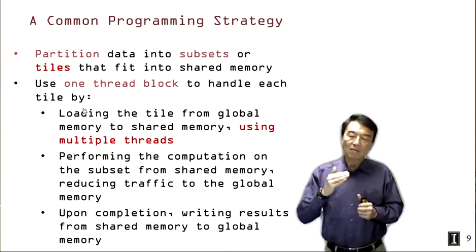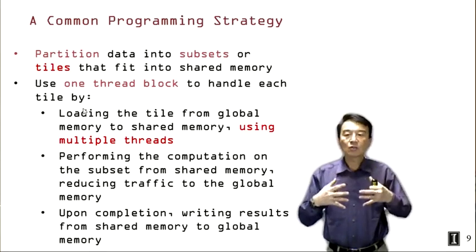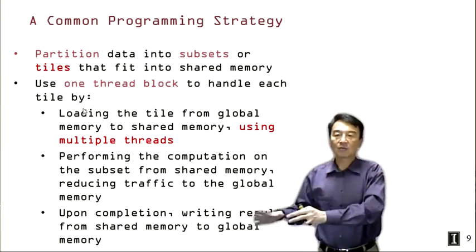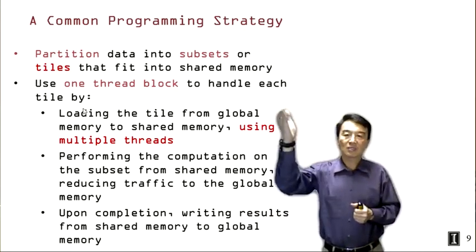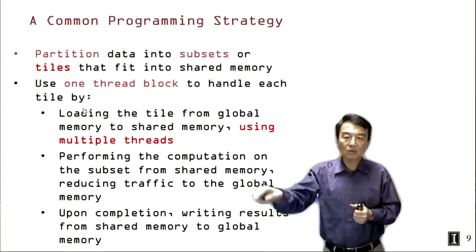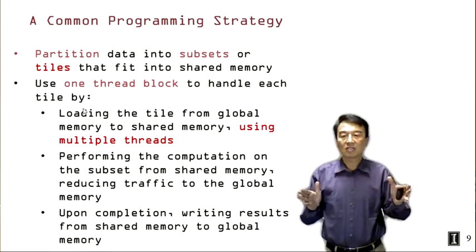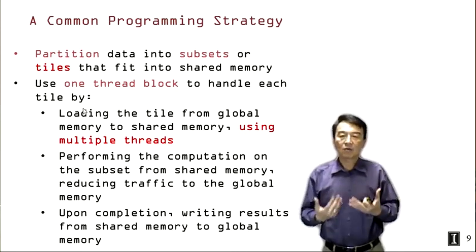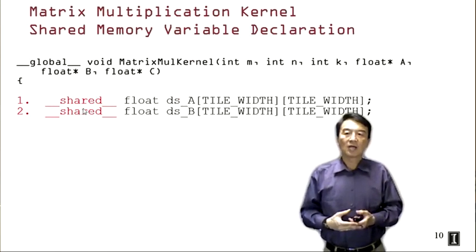Once we finish processing the data in the shared memory, we write the results from the shared memory into the global memory, and then we iterate and go to the next subset, or the next tile. So we go through this process in an iterative manner until we finish the entire data set. This is called a tiled algorithm strategy, and we're going to see more details in the next lecture.